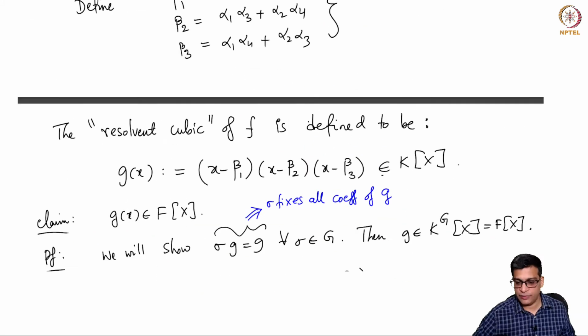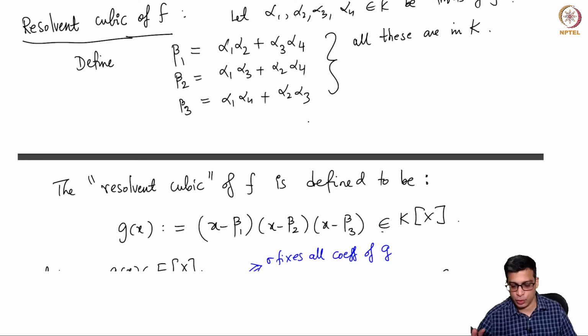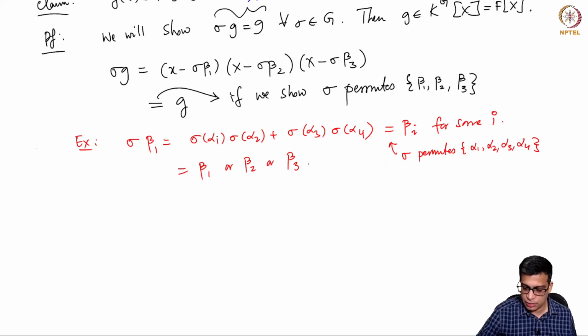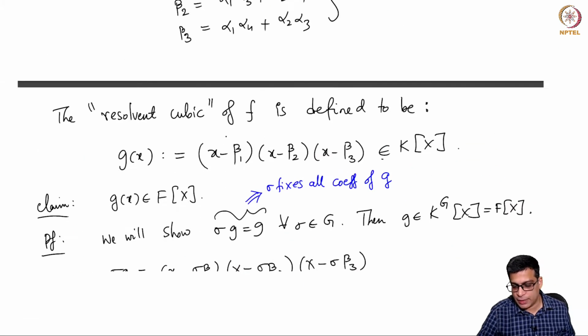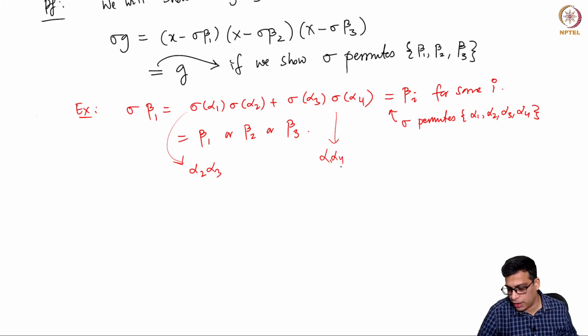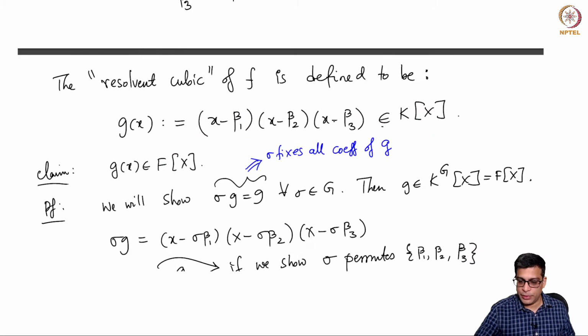Okay, so this I will leave you to do, because this is much better if you just do this on your own. All I will say now is you take sigma alpha 1, if it's alpha 2 and sigma alpha 2 is alpha 3, then this will become alpha 1 plus alpha 1 times alpha 2 times alpha 3. But then because sigma permutes them, these must be alpha 1 and the remaining things alpha 1 and alpha 4. Okay, so that means that will become beta 3, I think.